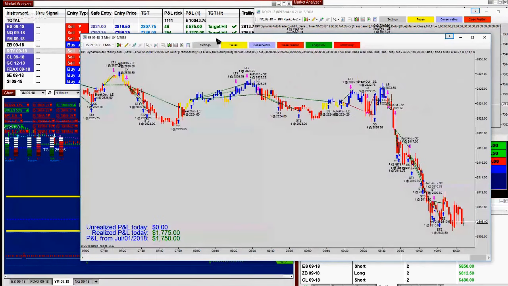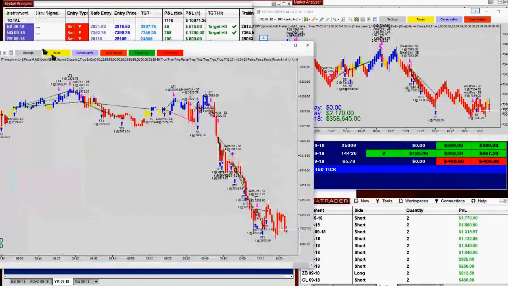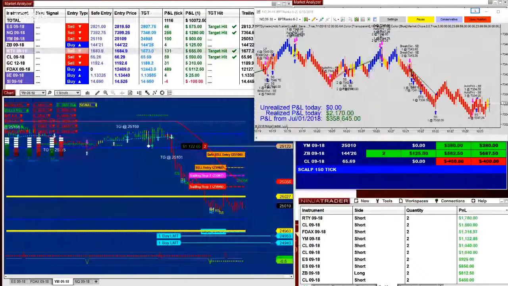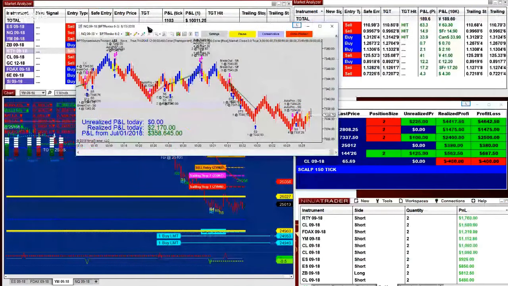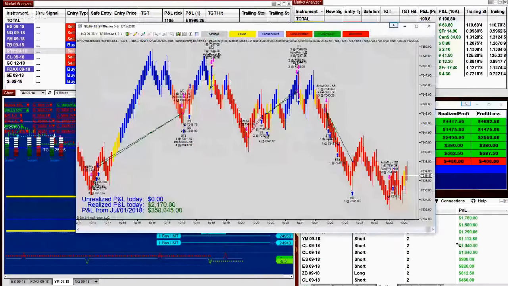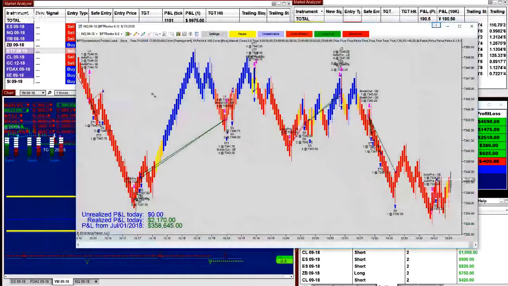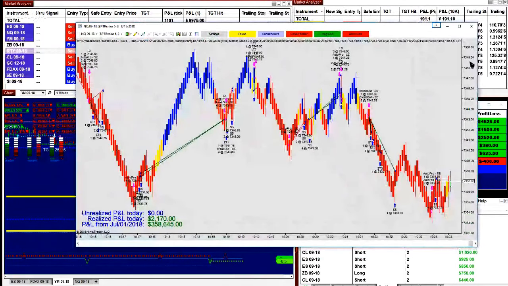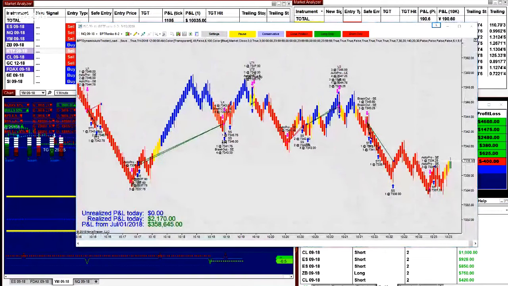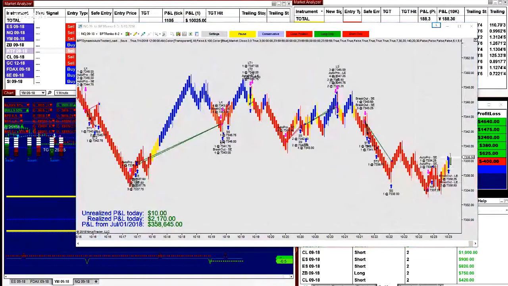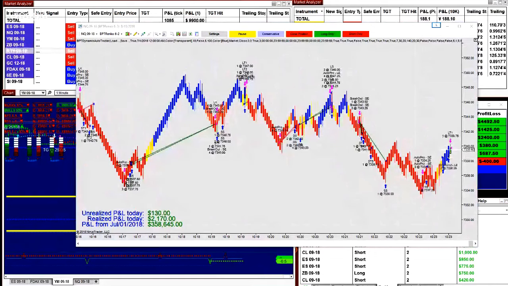So if you calculate the slippage and you calculate the commission, I think you're smart enough to figure out what happened here. Let's go on the Renko bar. This is your NASDAQ from July, made $358,000 since July. Yeah, on the Renko bar.